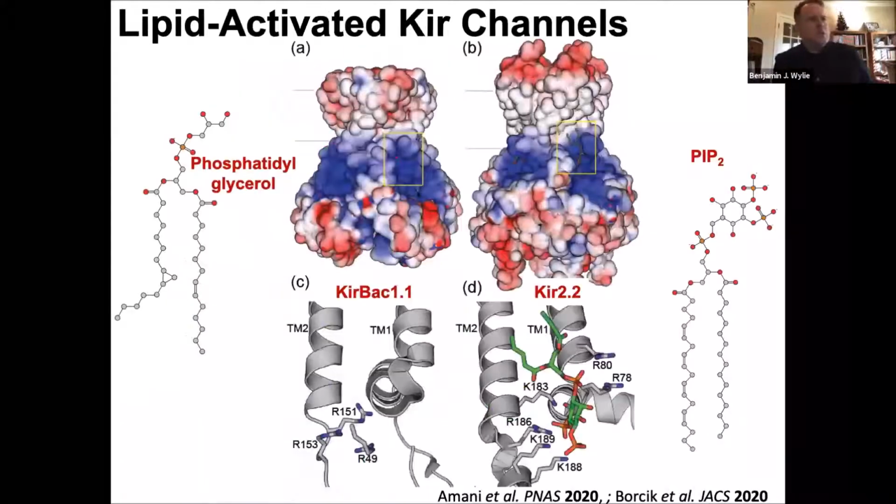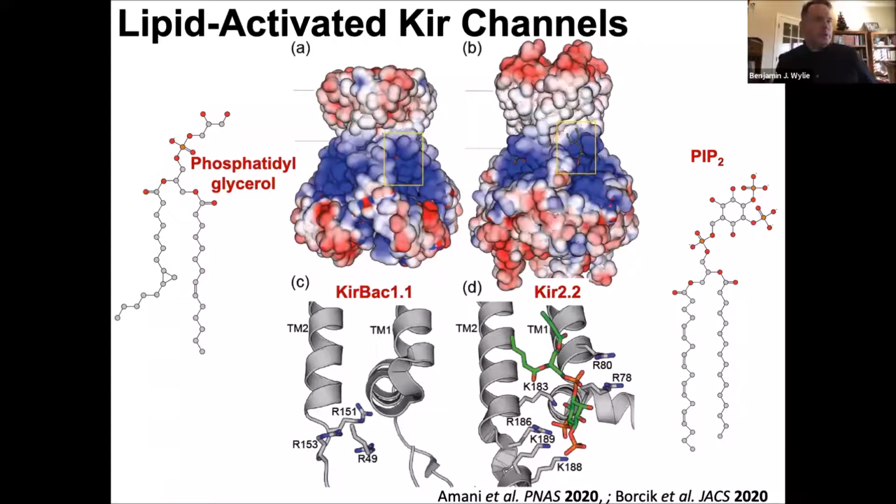All right. So the reason I chose KirBac1.1 is that it was bacterial, but it had a really high homology to eukaryotic channels. And you can see they have nearly identical folds. The big difference is that in the eukaryotic channels you have this large cationic patch directly below the inner leaflet of the membrane. In the case of KirBac1.1, it's smaller, right? And it's smaller because it's going to accommodate a smaller lipid.